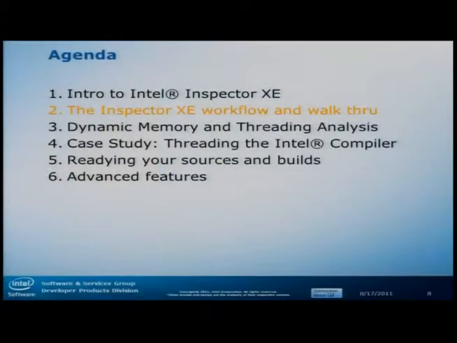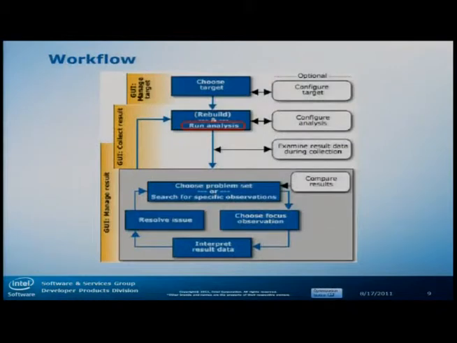Okay, so let's look at the product in a little more detail. In terms of the usage model, when is it that you use it relative to the rest of the development cycle? Essentially, choose target means you indicate what executable program you want to do the analysis upon.